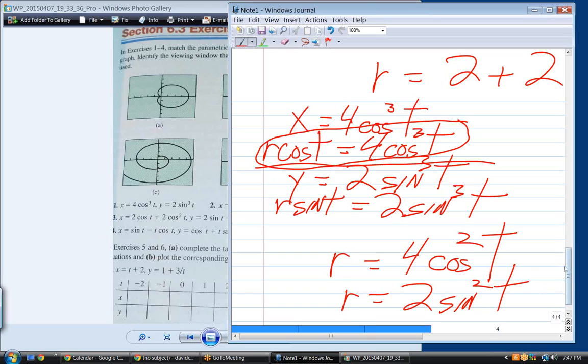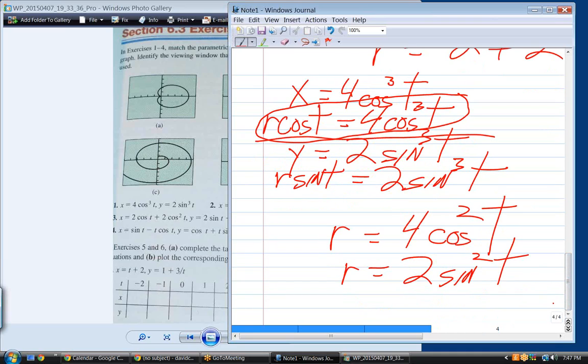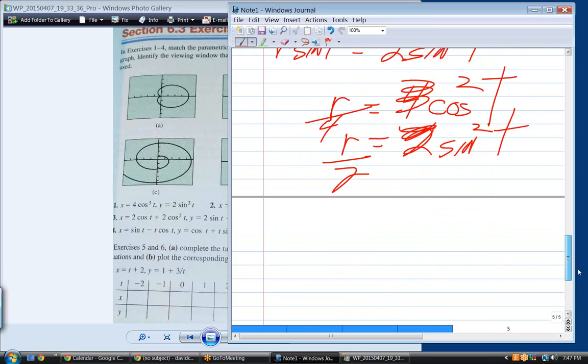So now, I can say cosine squared is equal to r over 4. Sine squared is equal to r over 2. Add the two equations together, and you get r over 4 plus r over 2 equals 1.